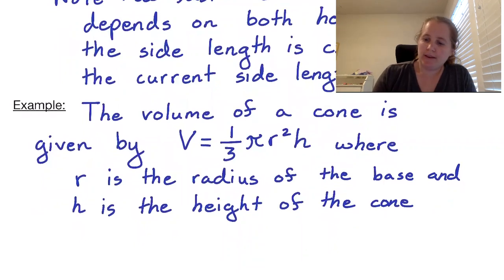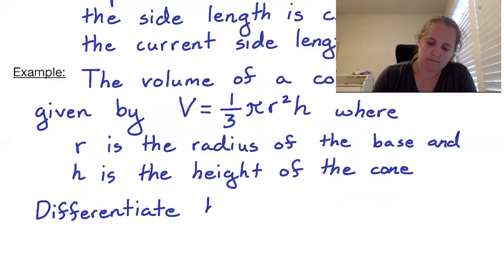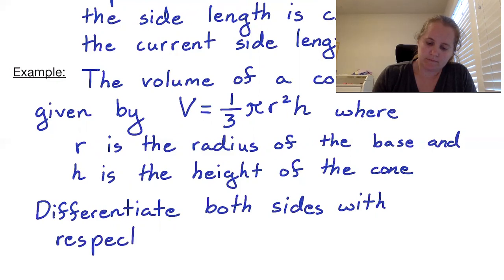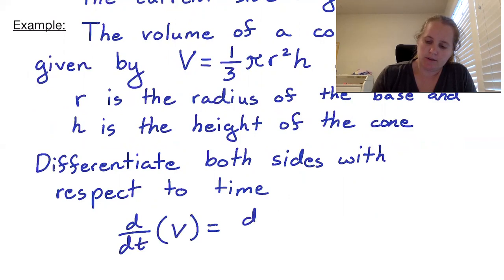So if we differentiate both sides with respect to time, we're looking at d/dt of V is equal to d/dt of 1/3 pi r squared h.